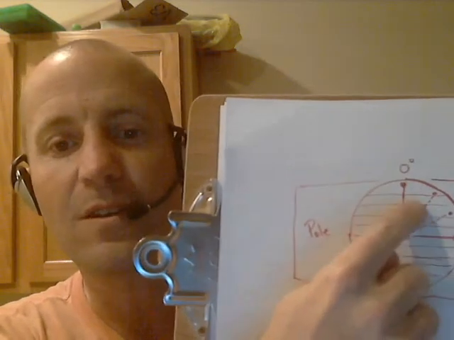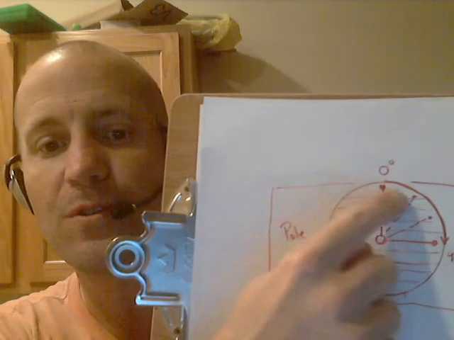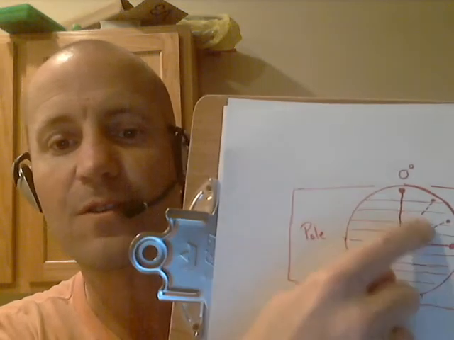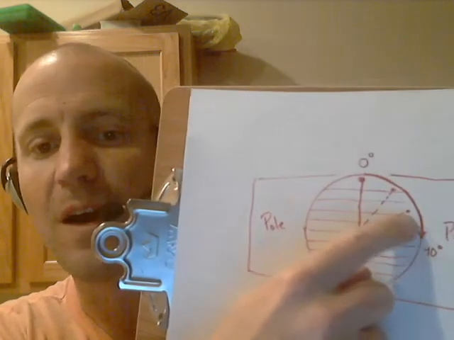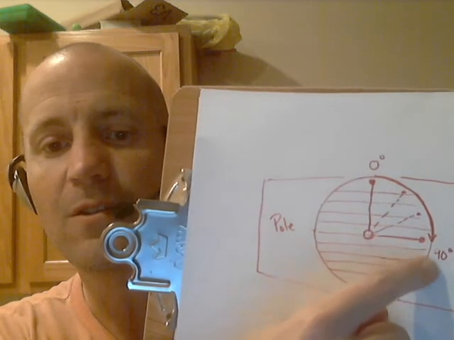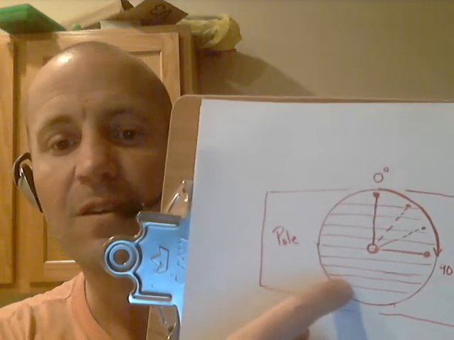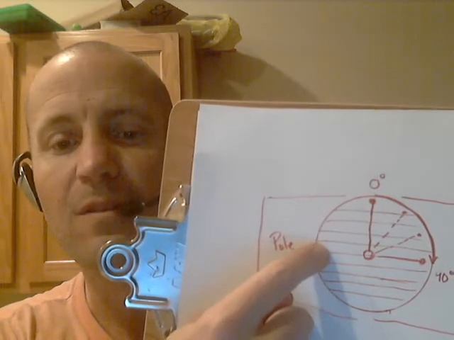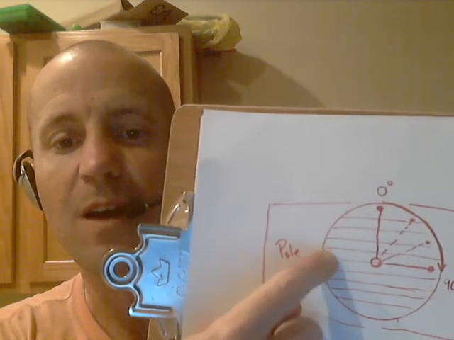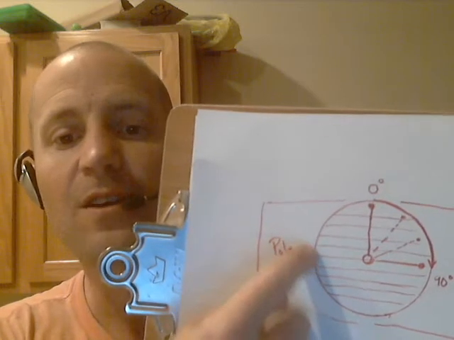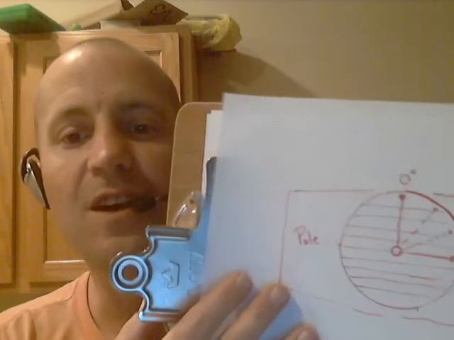Okay, but as this loop starts to spin around inside of this magnetic field, it's going to hit a maximum right here. Then it's going to start to go back down or diminish to 0 again, and then it's going to hit another maximum at 270 degrees in the opposite direction, and that's going to give us an opposite polarity on our voltage. So let's see how this plays out in our graph.